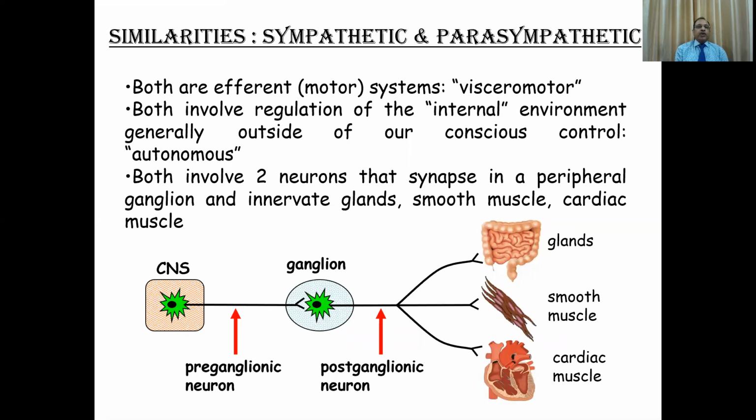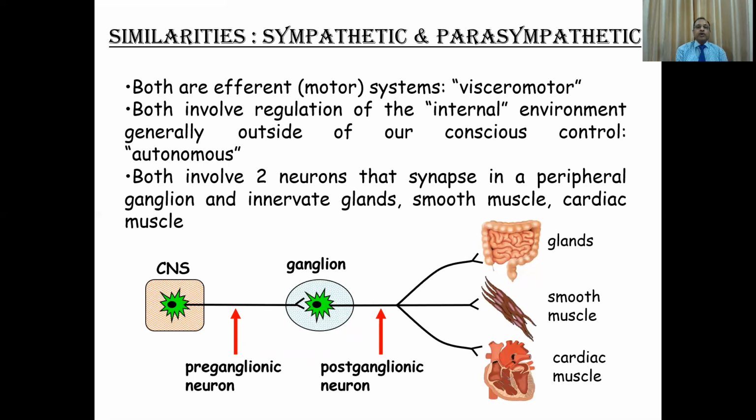So now let's take a look at what are the similarities between sympathetic and parasympathetic nervous system. Both are efferent systems or visceromotor systems. Both involve regulation of internal environment, as I have said earlier, which is generally autonomous, which means that we are unable to control it consciously.